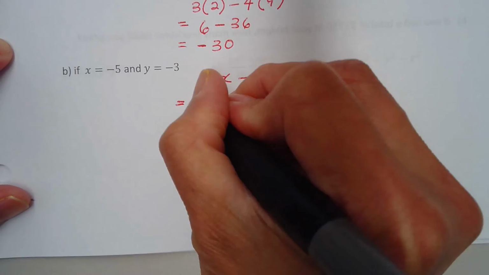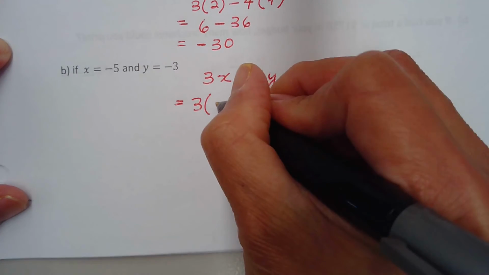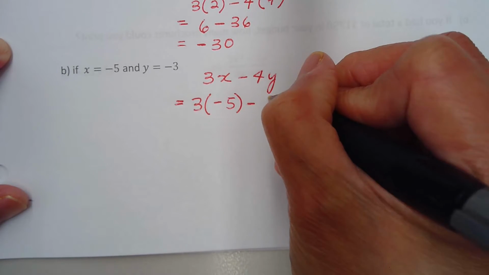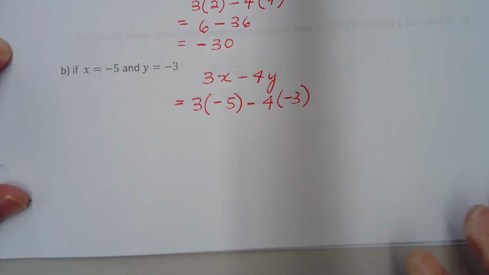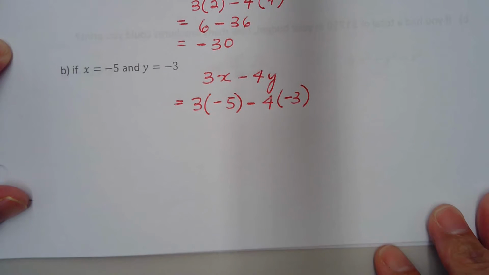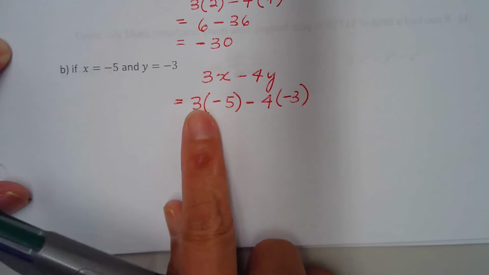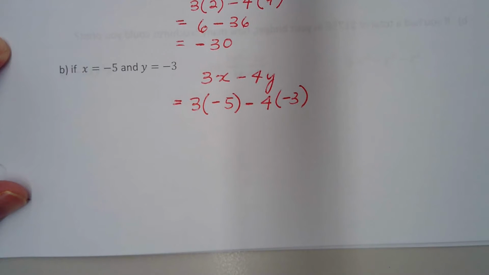So 3 times negative 5 minus 4 times negative 3. I'm putting brackets because it's indicating a multiplication.